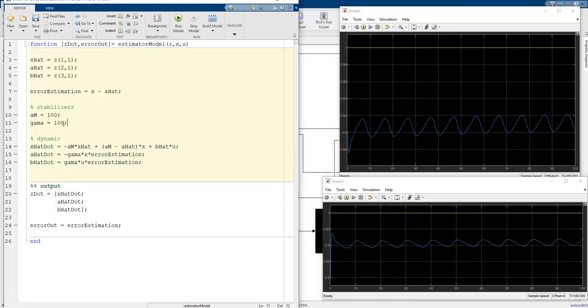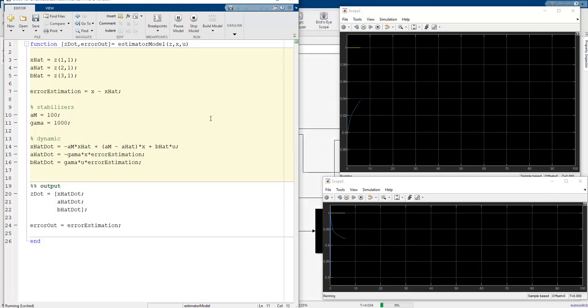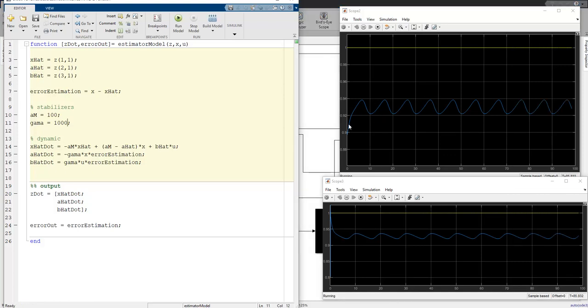And if I increase the gamma value in here like this, we have more proper dynamics, okay?